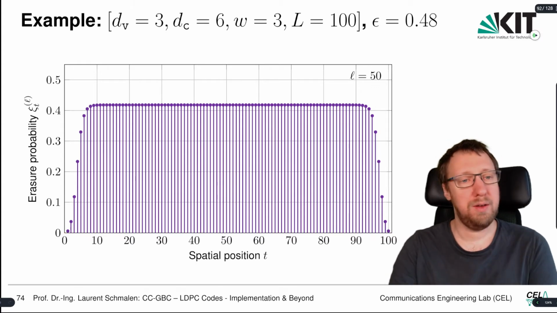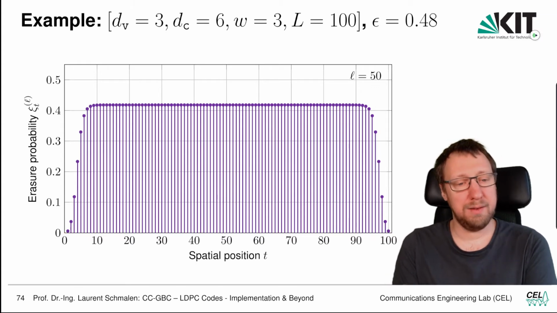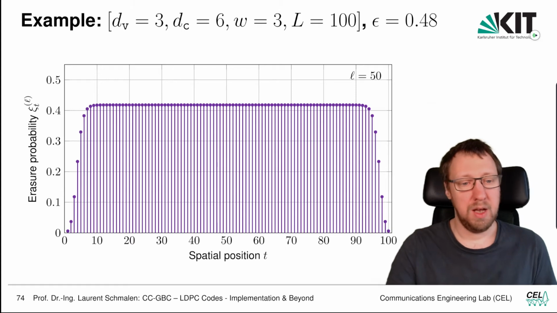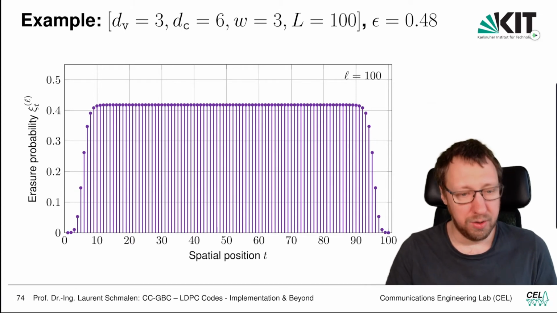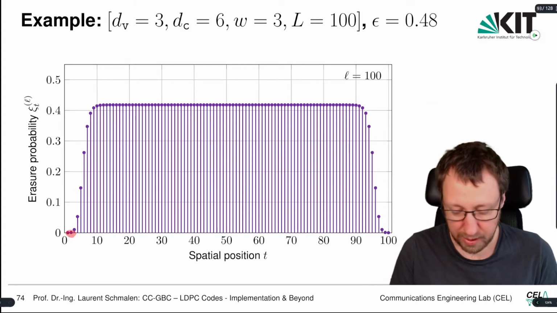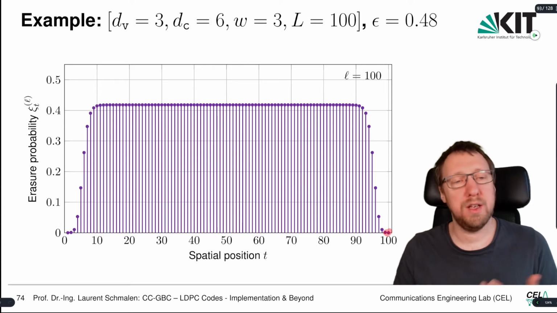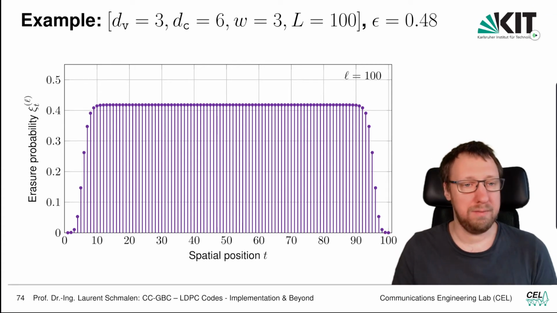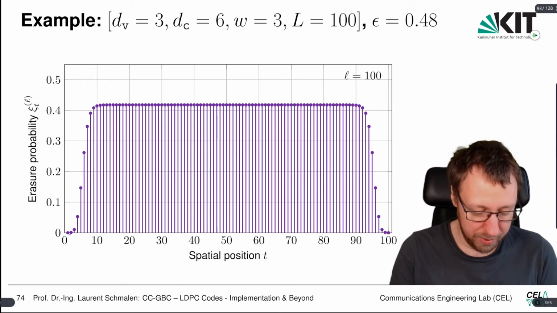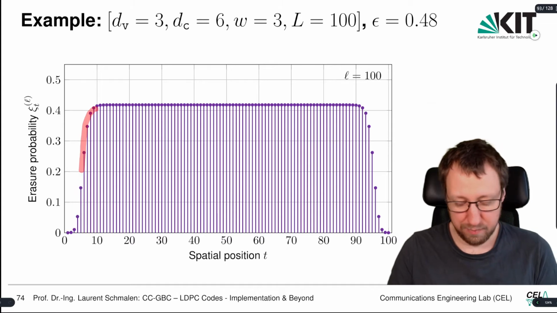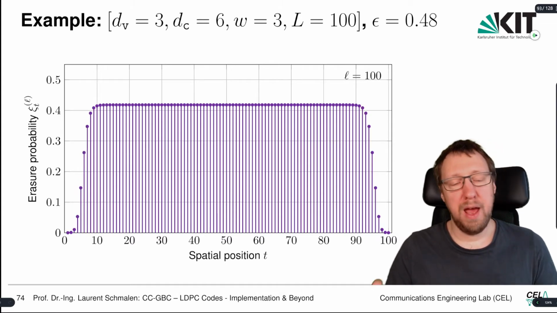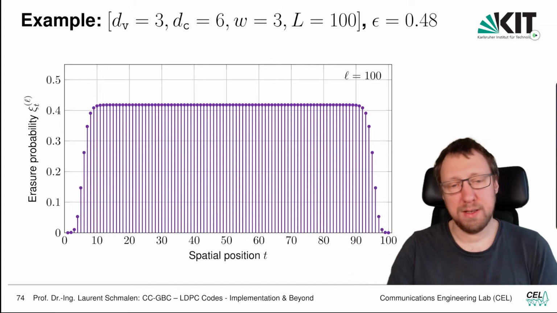So this is actually pretty nice result and pretty nice example. And then after 100 iterations, almost the 2 first and the 2 last spatial positions have been recovered. And we see that this very smooth behavior now moves towards the middle.